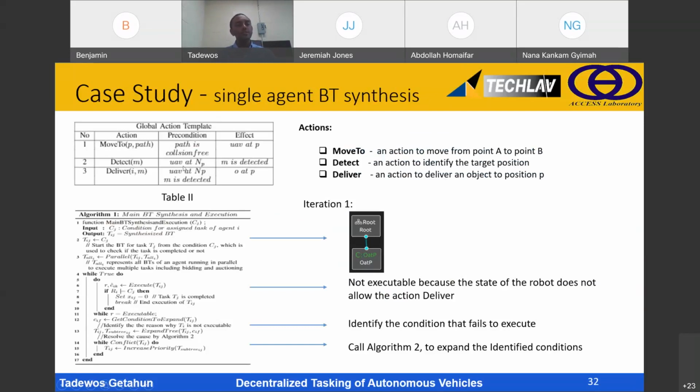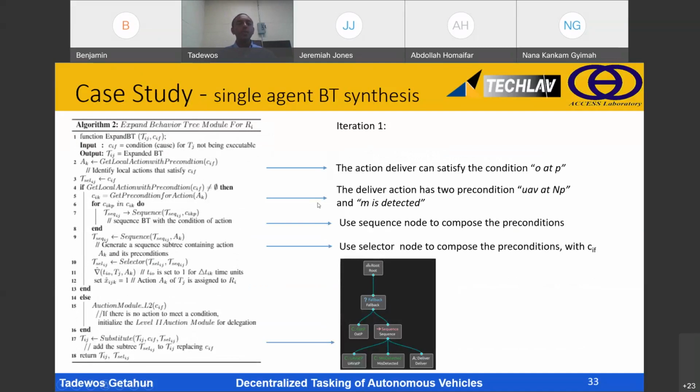If these conditions are satisfied, then the effect will be that object O will be at position P. Since the task is that O has to be at position P, that will be sent to the agent. So our behavior tree will be initialized with the goal condition O at P.